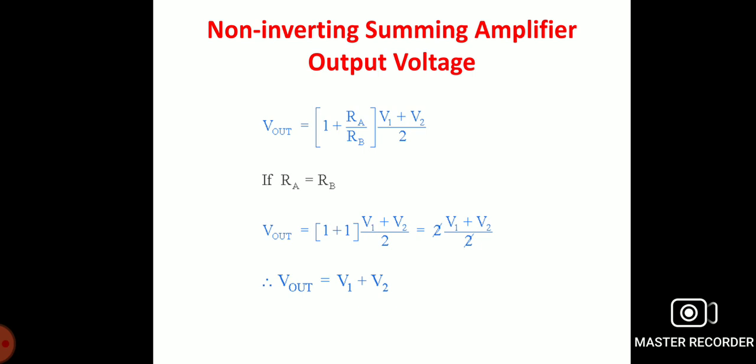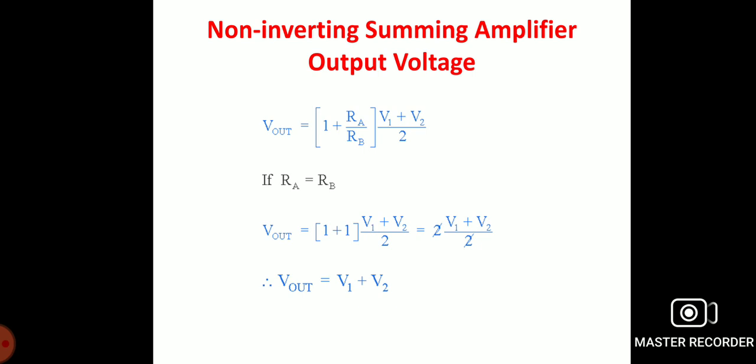So for a 3 input non-inverting summing amplifier configuration, setting the closed loop voltage gain to 3 will make Vout equal to the sum of the 3 input voltages V1, V2 and V3. For a 4 input summer, the closed loop voltage gain would be 4, and 5 for a 5 input summer.